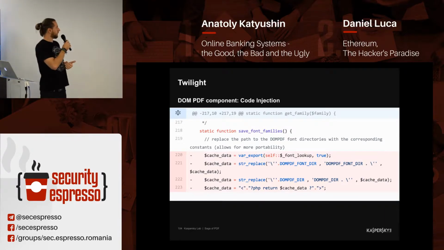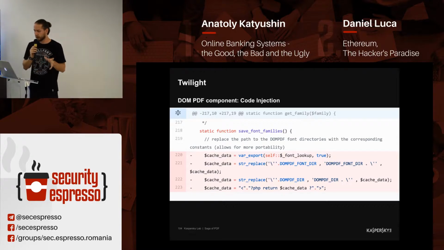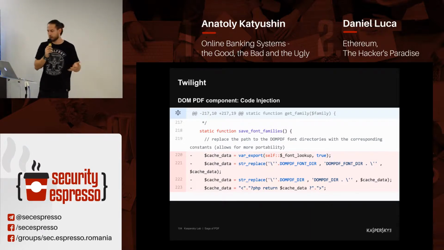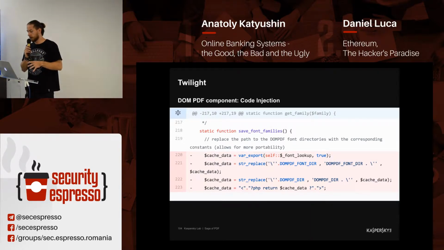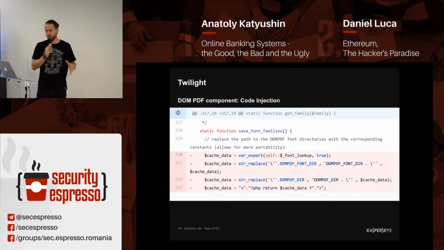And we found code injection. Here you can see the attack was possible due to insecure string replacement. As I've told you, the component downloads new fonts and processes them in a special way to optimize the performance.